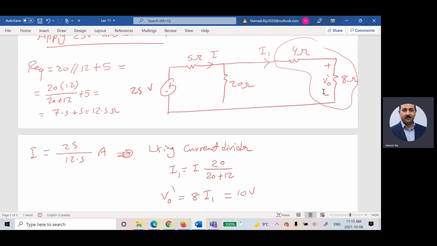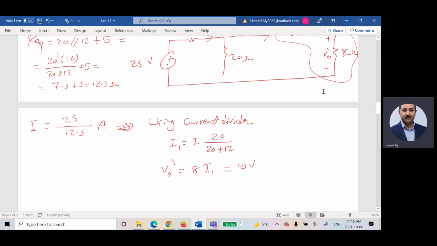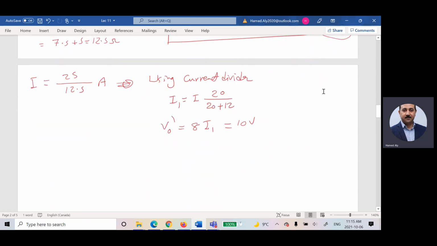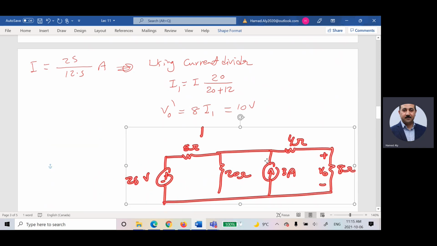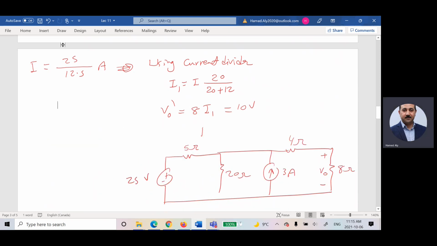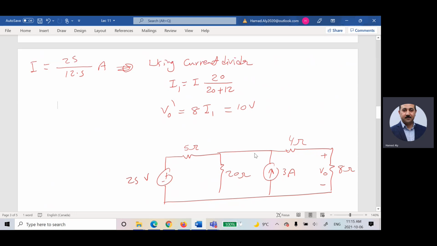Since I didn't ask you to follow a specific method or way, now I'm going to repeat solving the problem again, and I will try to calculate VO due to 3 amps. So I'm going to draw the circuit again. What I'm going to do is apply 3 amps and remove this voltage source. Removing the voltage source means short or open circuit?